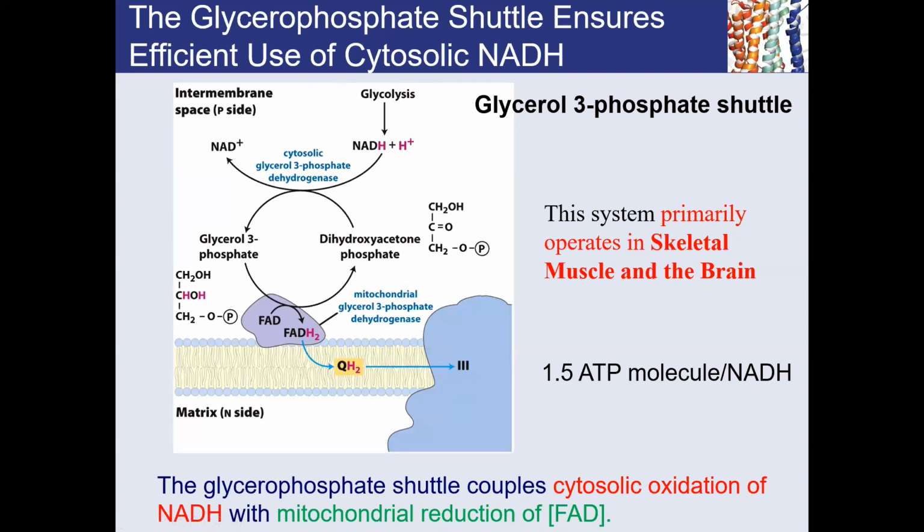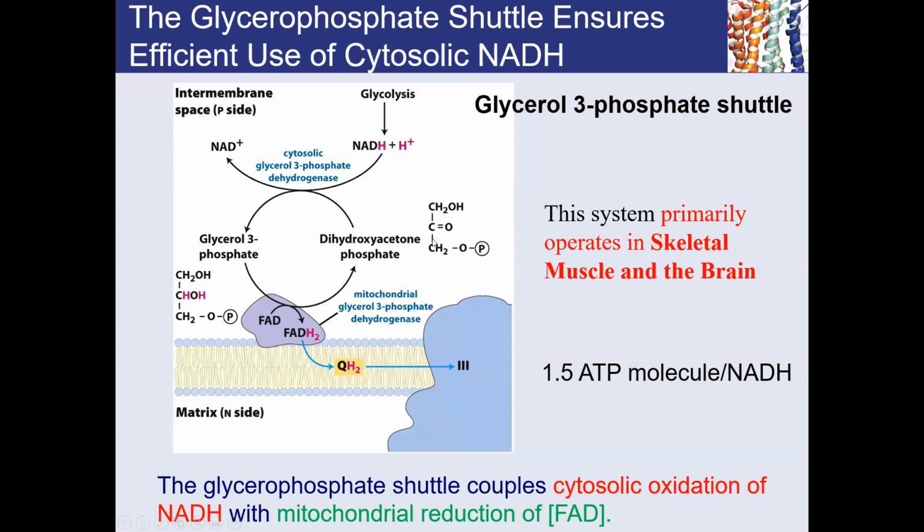will transfer a hydride ion from itself to a molecule that you are familiar with, dihydroxyacetone phosphate. You can see dihydroxy, and one of the hydroxy groups has a phosphoryl group, right? That's why dihydroxyacetone, you can see the acetone molecule.